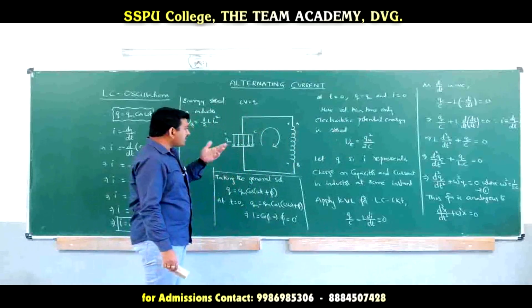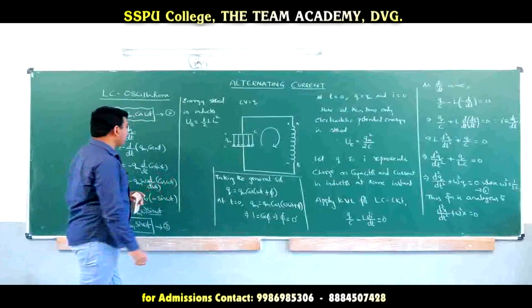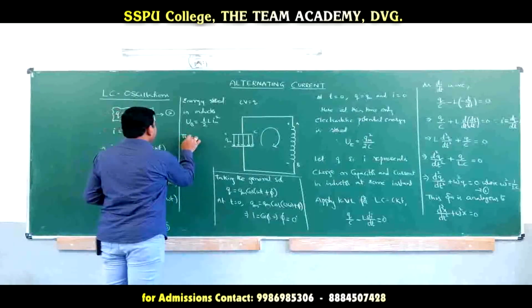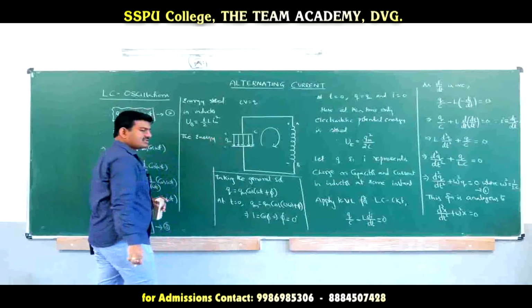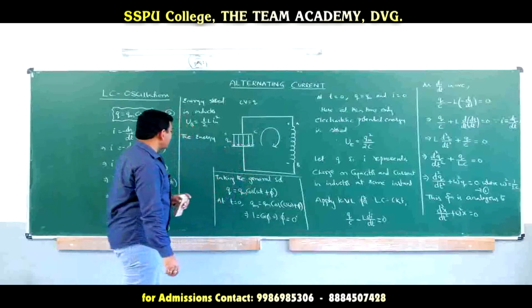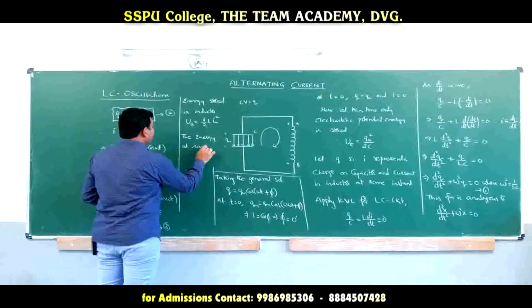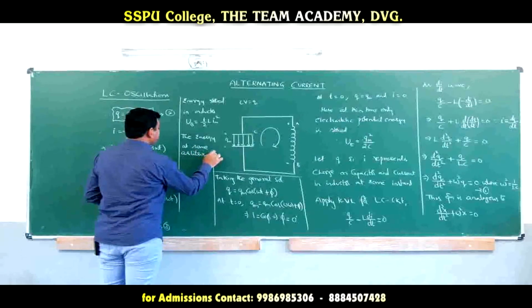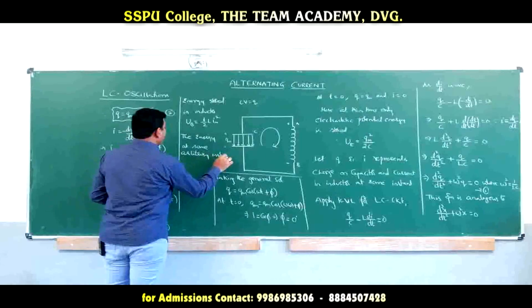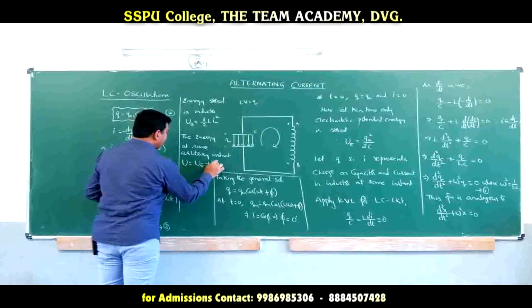Okay. In any other case, the total energy, or the energy at any instant of time, will have both magnetic energy as well as electrostatic energy. The energy at some arbitrary instant or arbitrary time, U is equal to electrical energy plus magnetic energy.